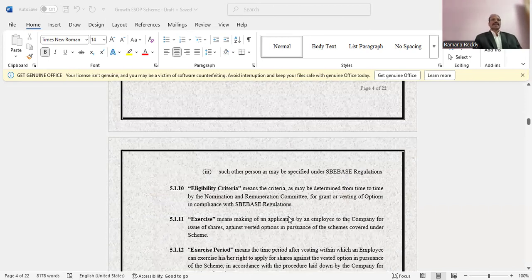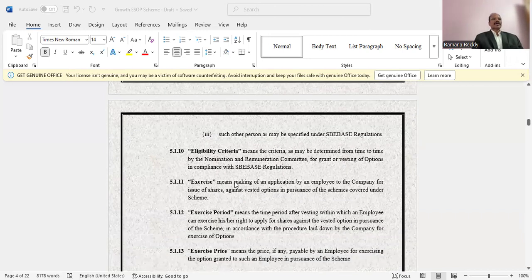And such other person as may be specified by the share-based employee benefit and equity regulations. This is the definition of employee, because now you are clear who comes under the definition of employee and who is not the employee.